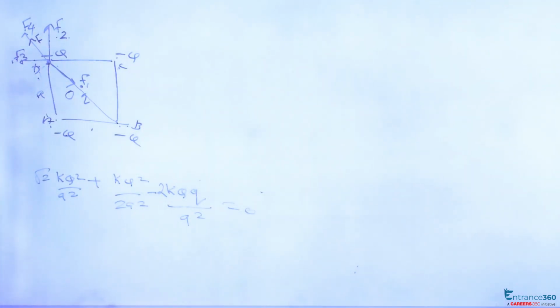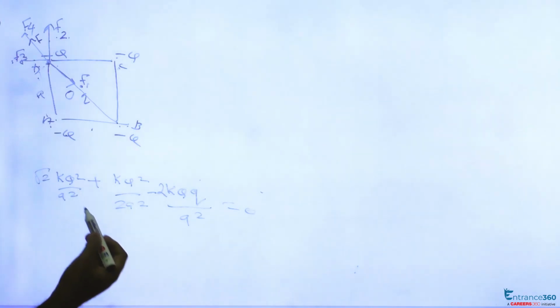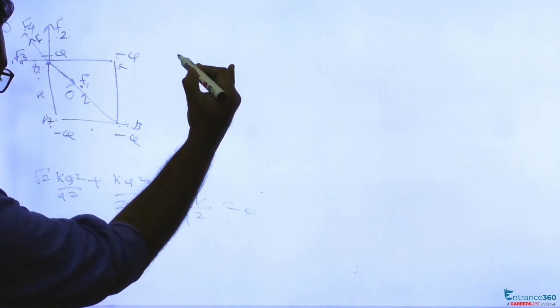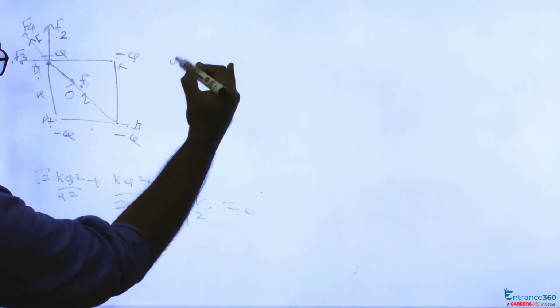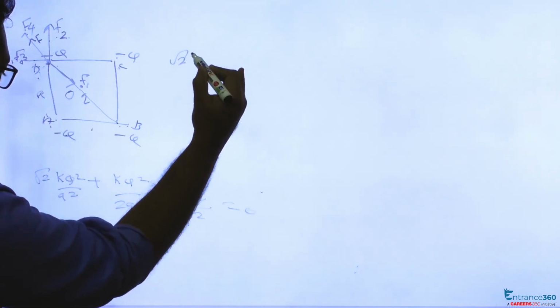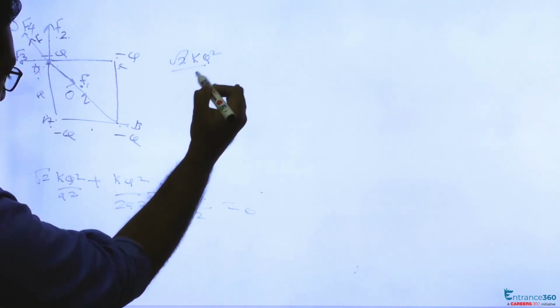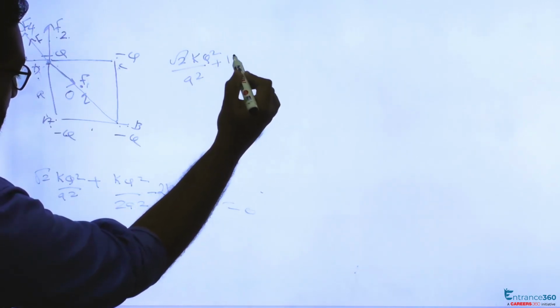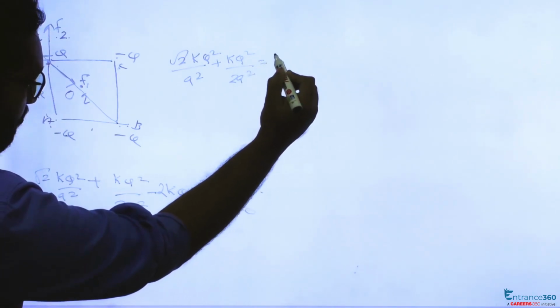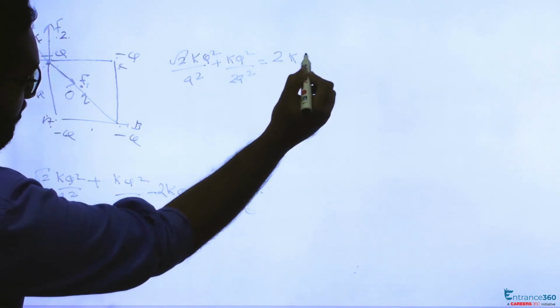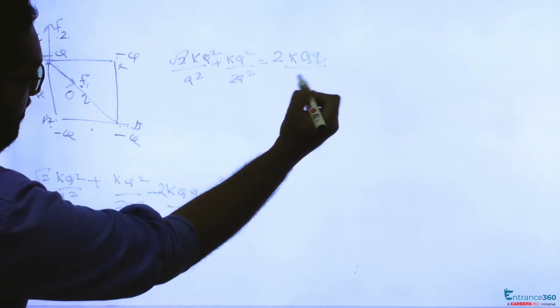From this, you can tell that root 2 into K Q square by A square plus K Q square by 2A square equals 2 K Q into small q by A square.